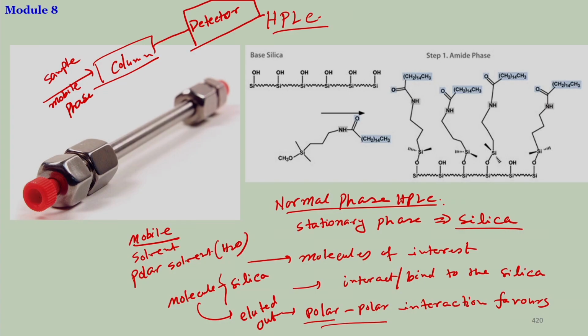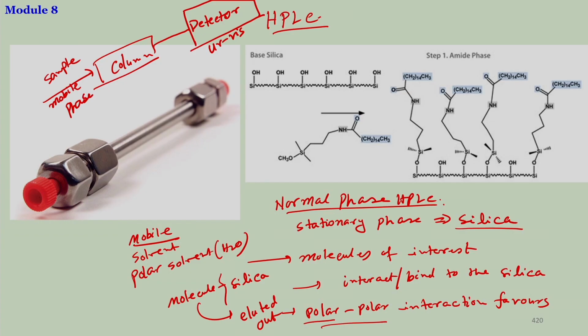If your molecule is a chromophore, and many molecules are chromophoric molecules, you can use a UV visible detector, so that you can see the absorption, and from there you can estimate how much compound you have, the concentration, using the Lambert-Beer's law.